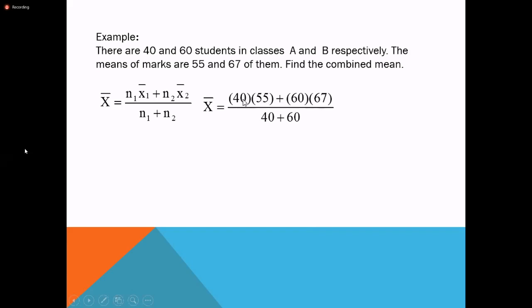Mean multiplied by n value gives the group total, and the sum of these divided by the total number of students in the entire groups, which is 100. Then 2200 plus 4020 divided by 100 is very easy. The answer is 62.2. We already completed that manually.